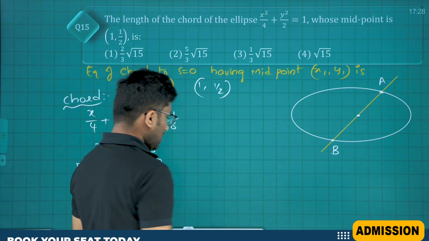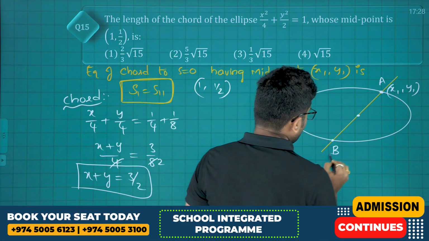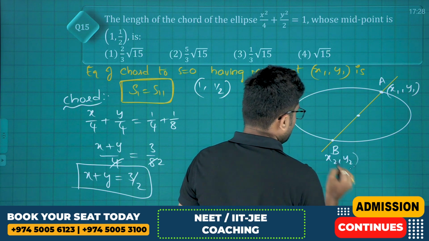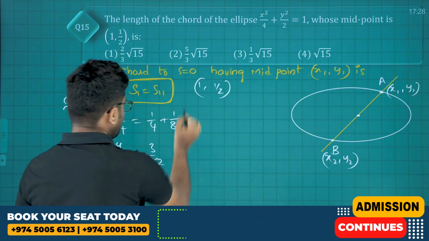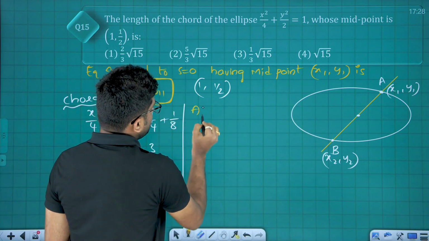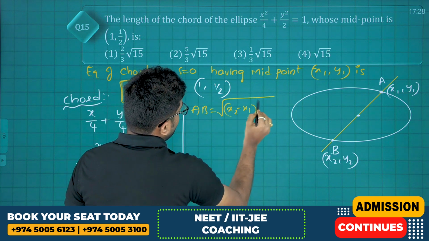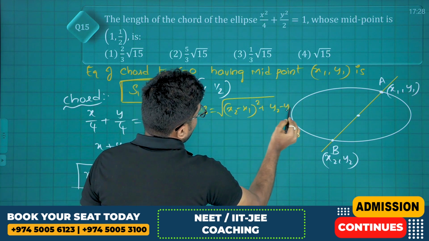Let's say the ends of the chord are (x1, y1) and (x2, y2). How do you find the length of the chord? Distance between two points: AB is root over (x2 minus x1) whole square plus (y2 minus y1) whole square.